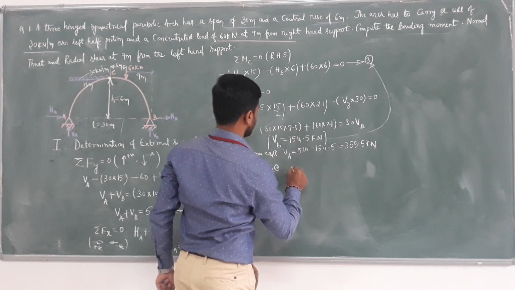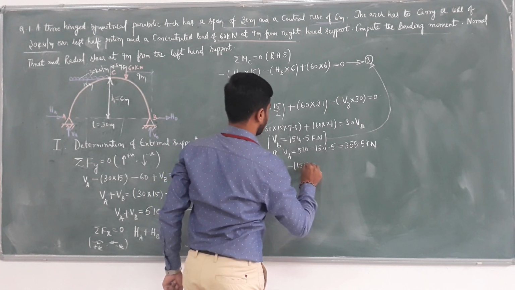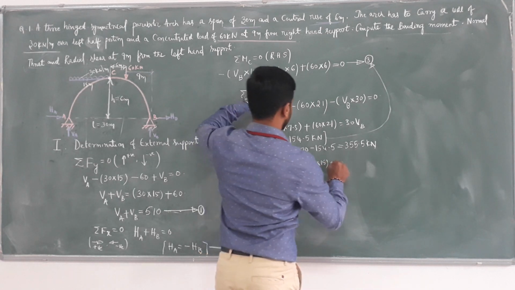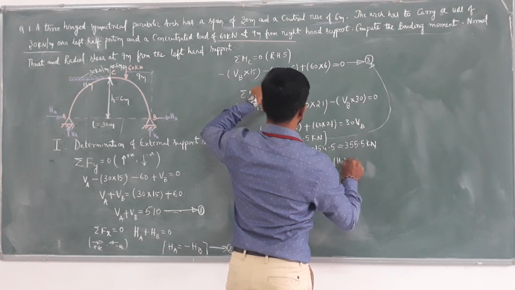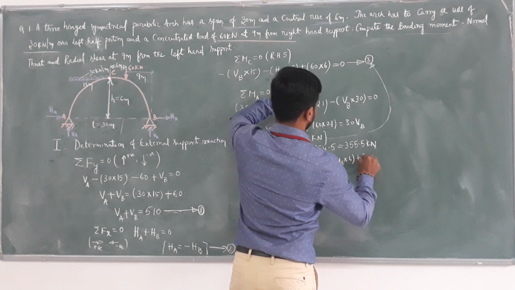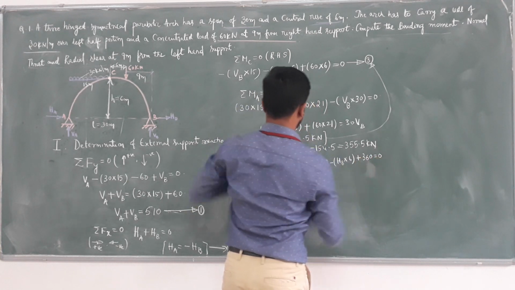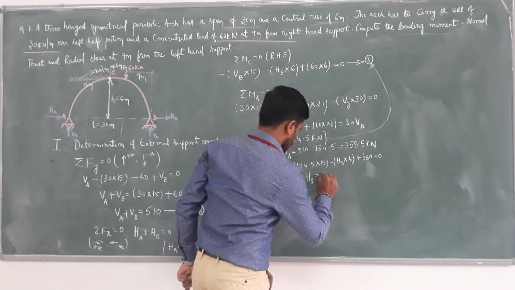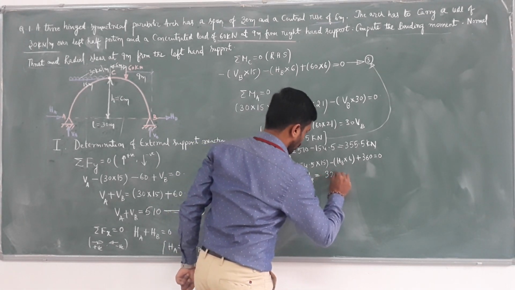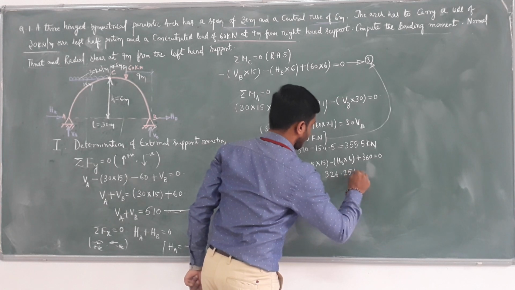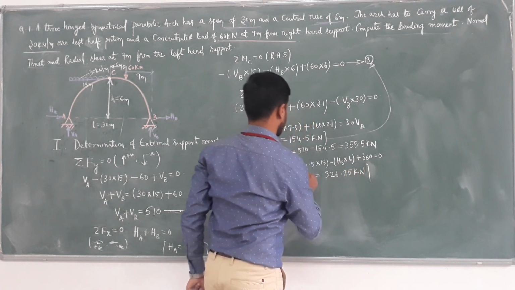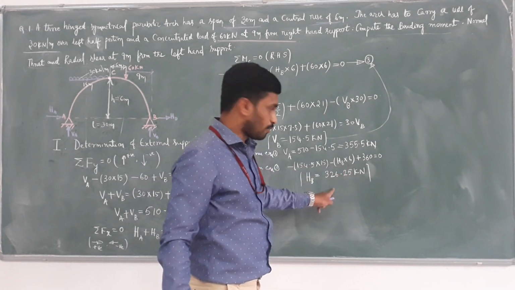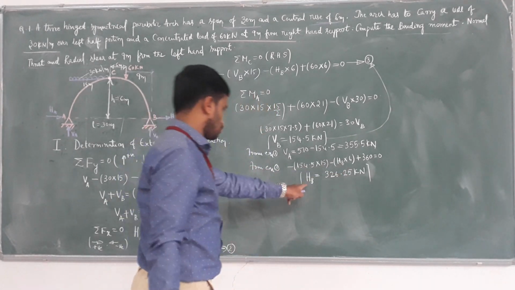We know VB, therefore minus 154.5 into 15 minus HB into 6 plus 360 equals 0. So compute the HB value. What is the HB value? 326.25 kilonewton. Is it positive or negative? Positive. So now we got the HB value.